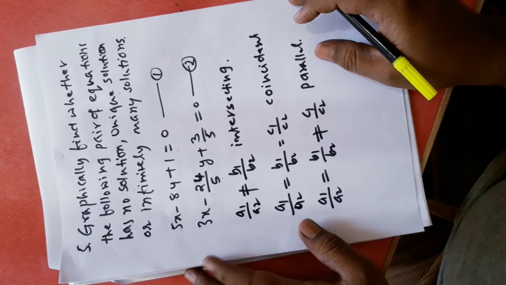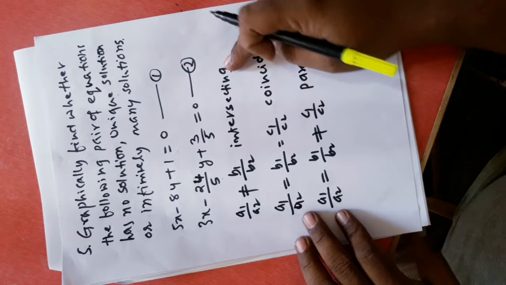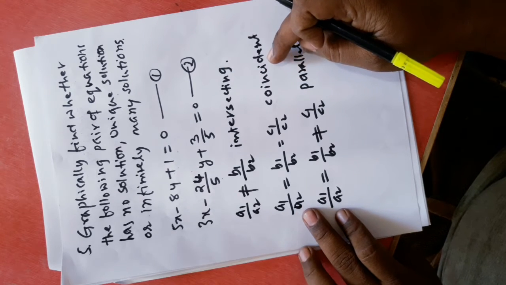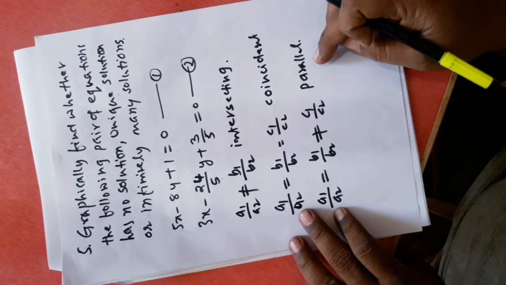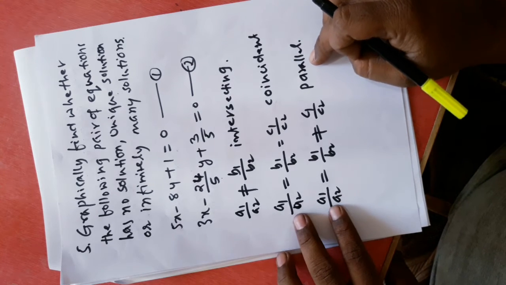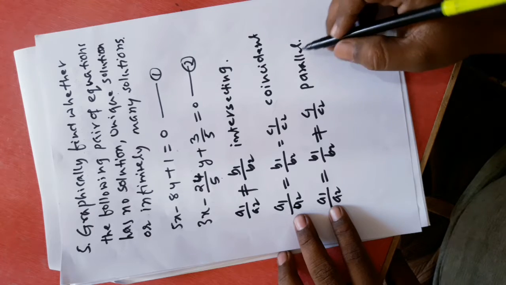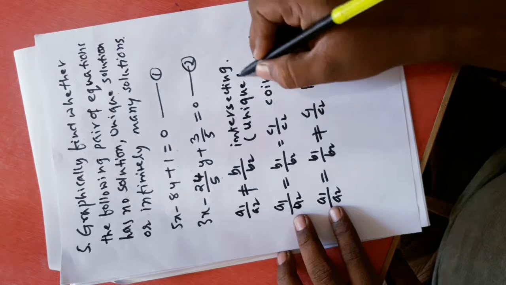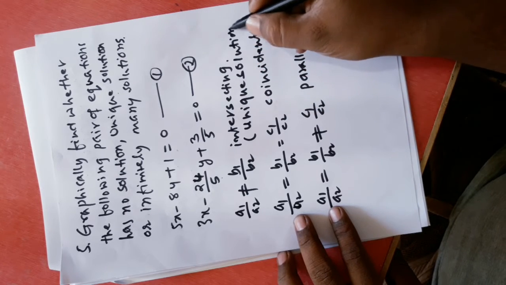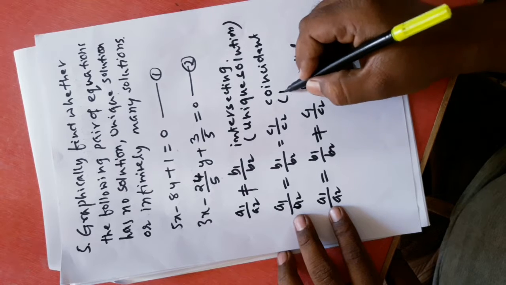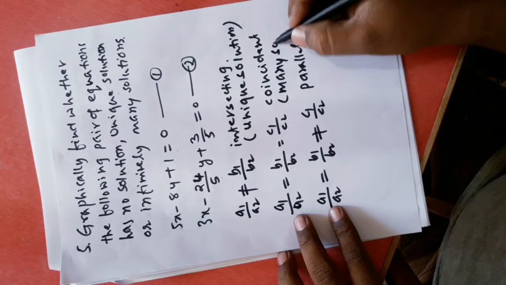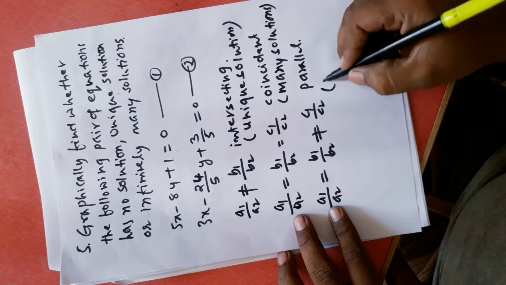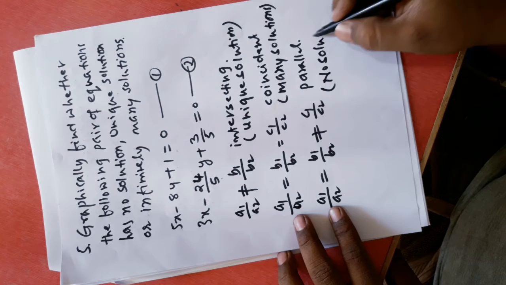Then if they are intersecting, they have one unique solution. If they are coincident, they have many solutions, infinitely many solutions. And if they are parallel to each other, they have no solution.